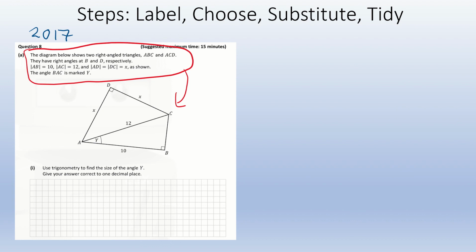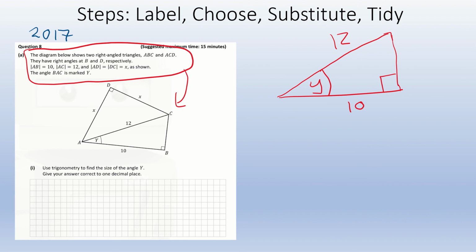So what I'm going to do is redraw it here, and I'm going to put in what I know. Y, and I've got 12, and I've got 10. And just like the last question, I'm going to label my triangle first.